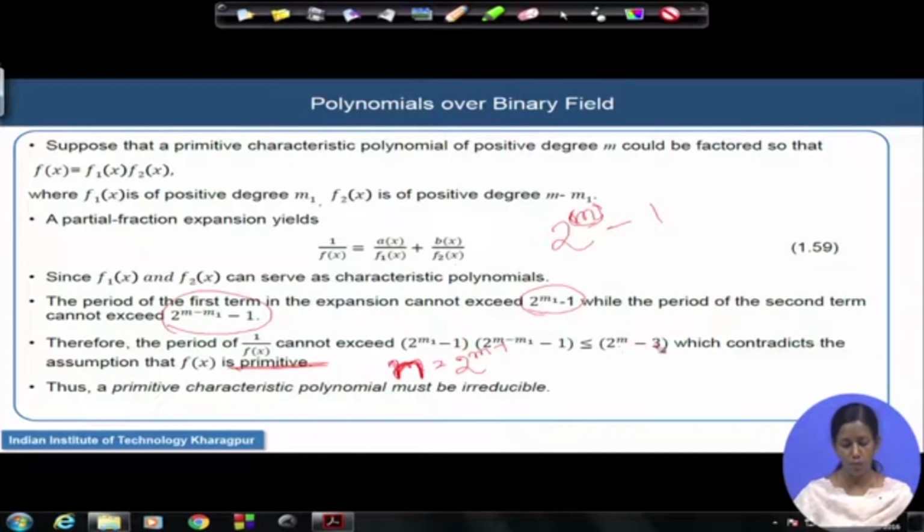If it does not hold good, then the conclusion is that the assumption that it can be factorized is wrong. Hence, the final decision is that a primitive characteristic polynomial is always irreducible.